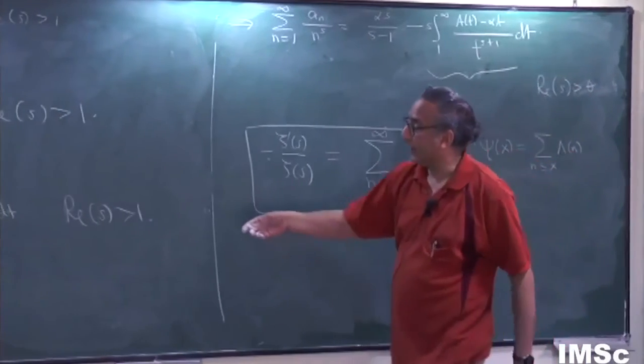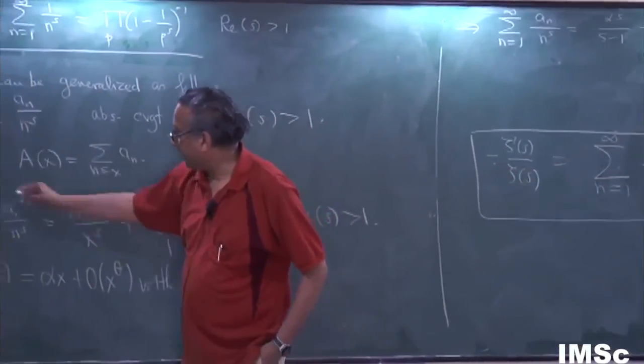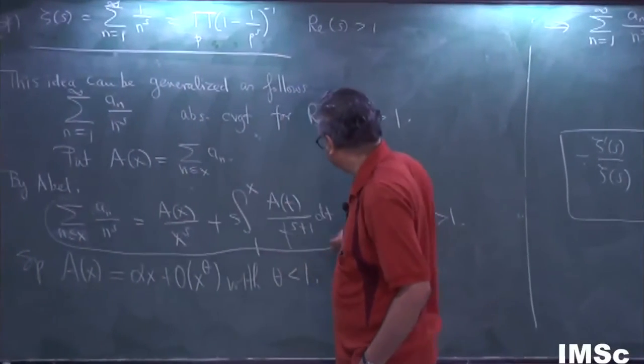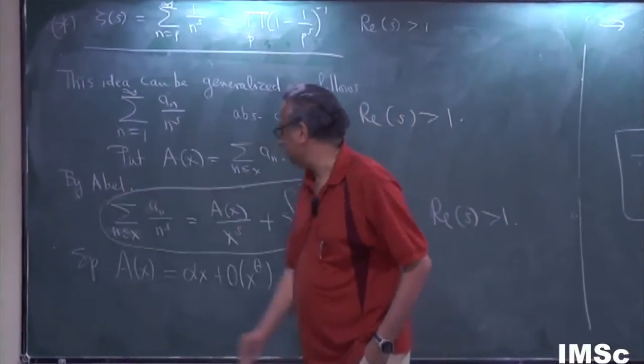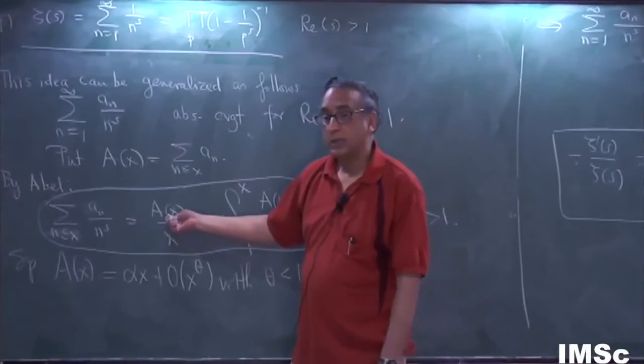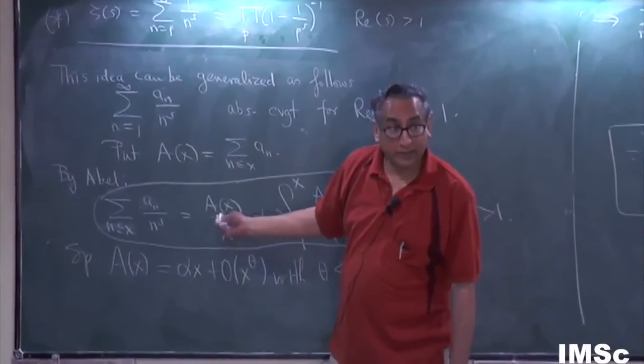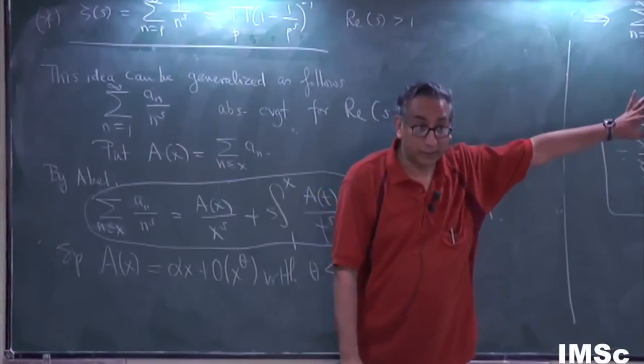One important point to keep in mind is that from here itself, you can see that if A of x is O of x, psi of x was O of x, we already knew that.